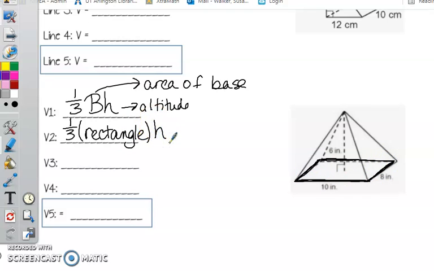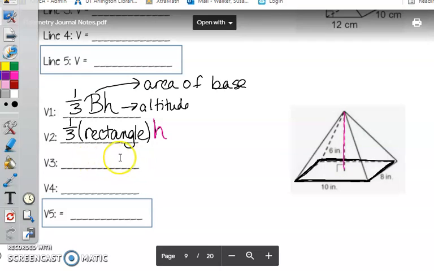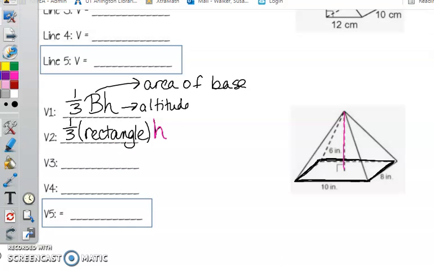H, okay? So I'm going to do this again. This H is our altitude or height, which is this one. Those are the same. Now what we're going to do, just like the last one, is we plug in our formula for a rectangle.